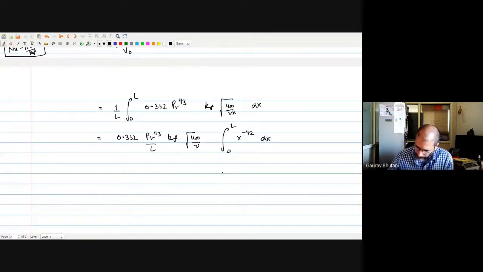So this becomes x to the power of minus half plus 1, that is plus half, divided by plus half. So there's a 2 here, and you put the limits from 0 to L. So this becomes twice L to the power of half minus 0. Then we have the whole thing.